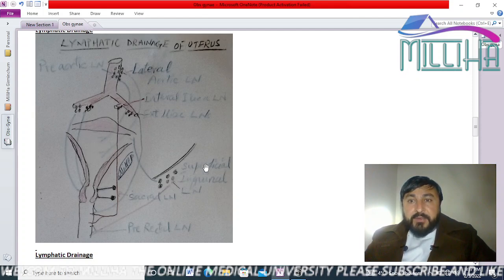and upper part. Here, the cornu is supplied by the superficial inguinal lymph nodes. These are the inguinal lymph nodes. The inguinal lymph nodes supply the cornu and the lower one-third of the vagina. Okay, vagina, whatever the pronunciation.